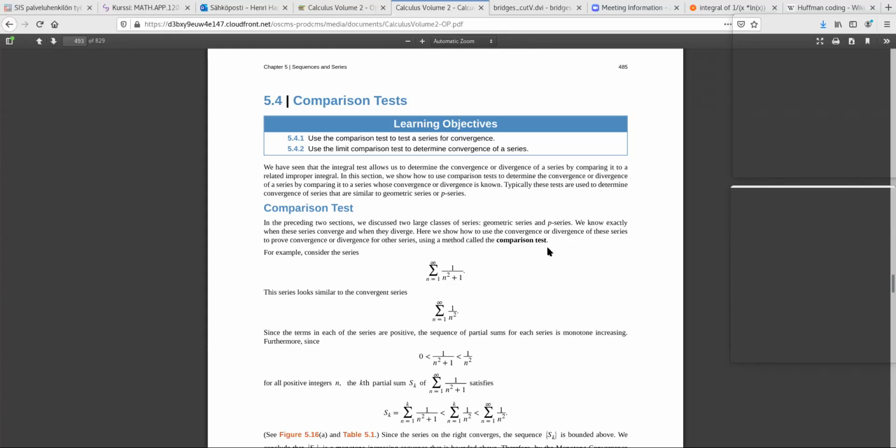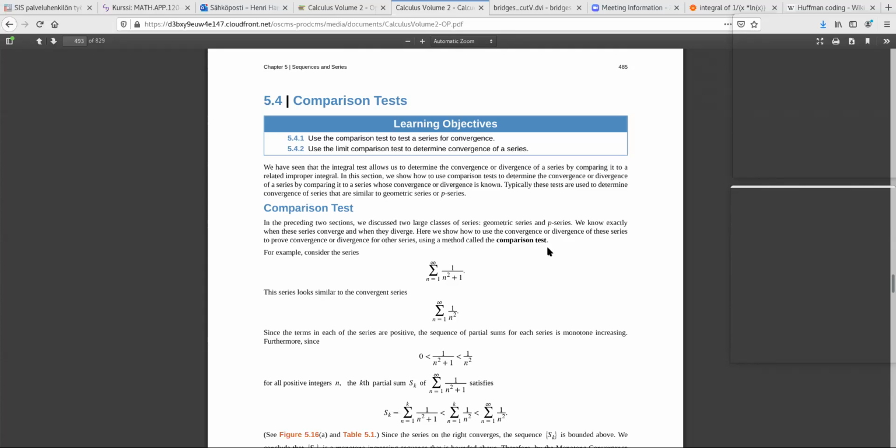Another thing, very often the case is we know a certain particular sum converges or diverges, then we can often come up with a test where we approximate upwards or downwards, depending on whether we are establishing divergence or convergence. And this so-called comparison test is a way to determine convergence or divergence of a series.